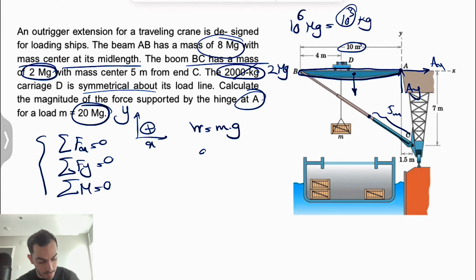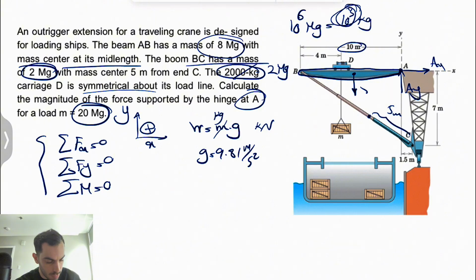We need to put the mass in kilogram to get the Newton unit, but since our mass is based on 1,000 kilogram, our unit is going to be kilonewtons. That's one thing that we need to keep in mind. So here the mass was 8, so 8 times 9.81 is going to give us kilonewtons.